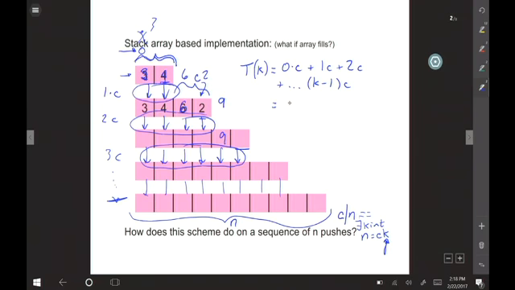Okay? All right, well, I don't know about you, but I really would prefer to write this like C. I'm going to factor the C and write this as a sum that might trigger a memory. So i equals 0 to k minus 1. It could be 1 to k minus 1, whatever, of i. So right here, you guys should all look at this and go, oh, yeah, I got that. Okay?